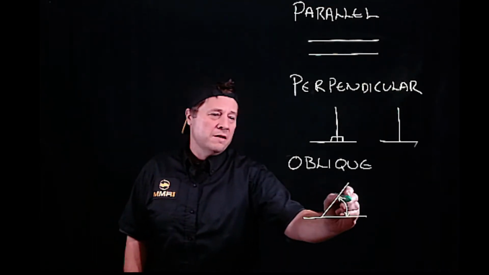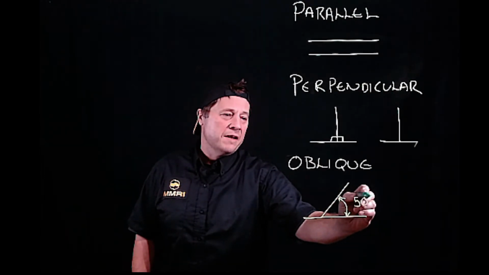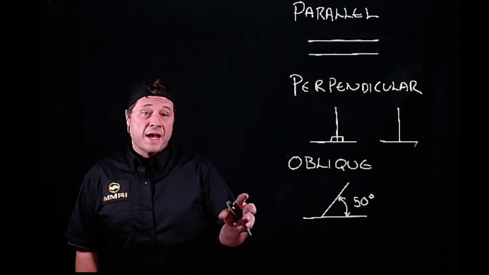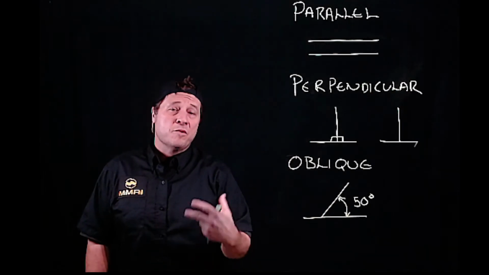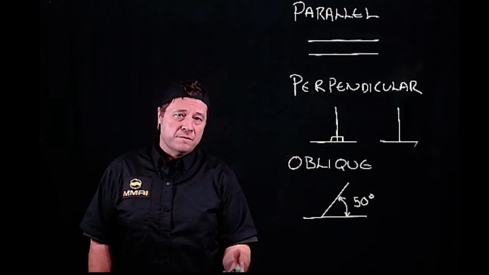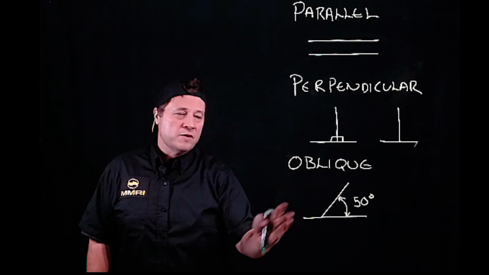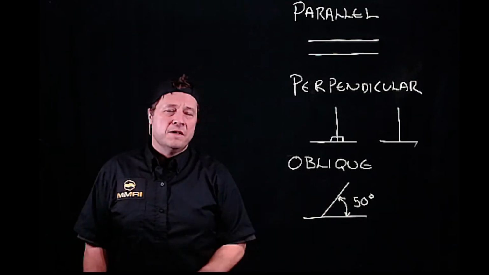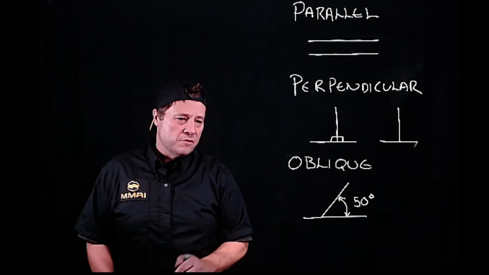This might be a 50-degree angle, whatever it is. These two lines we would refer to as oblique lines. It doesn't have to be 50 degrees. It can be any angle, as long as it's not 90 degrees.